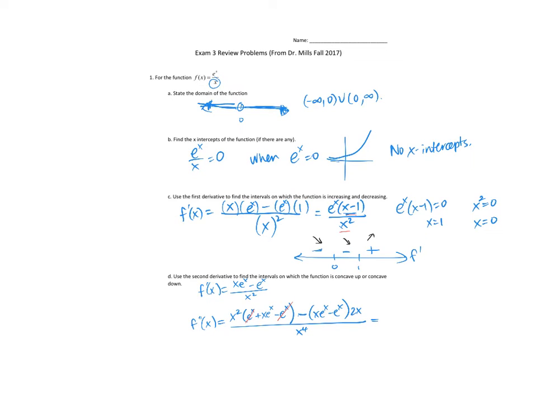I'll have x squared times x, which is x cubed e to the x, minus 2x squared e to the x plus 2x e to the x, over x to the fourth. I can divide the e to the x and the x out, and I'll have x squared minus 2x plus 2.